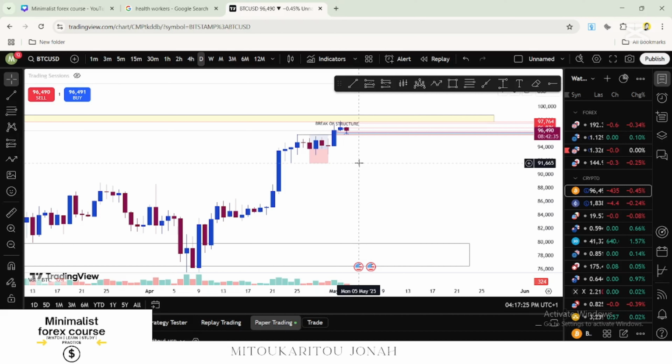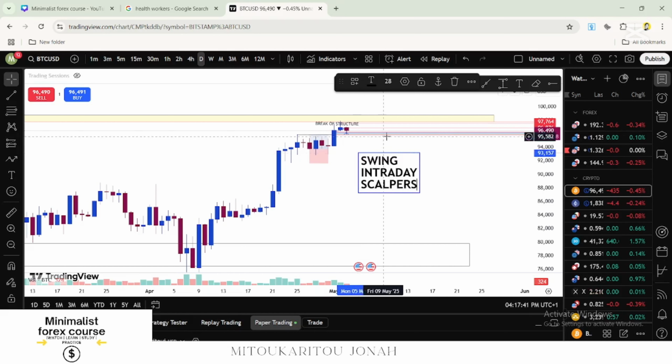Now, this brings us to the 3 categories of traders. We have the swing traders, we have the intraday traders, we have the scalpers. Now swing traders hold trades for, I'm just going to push to the extreme, for years to around days, right?